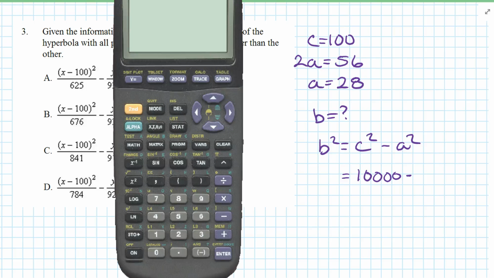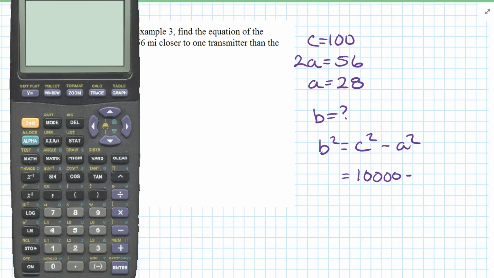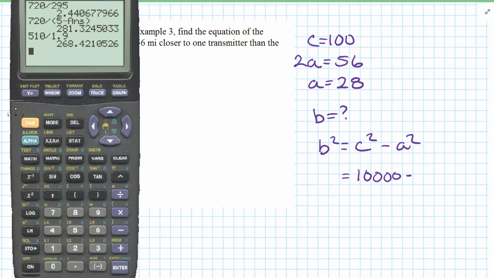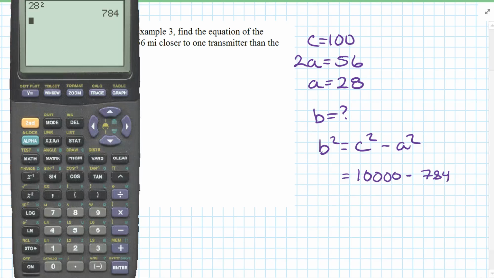So let's look. Get the calculator out. 28 squared, we're going to need that number anyway, is 784. Now let's go 100 squared minus 28 squared equals 9216.